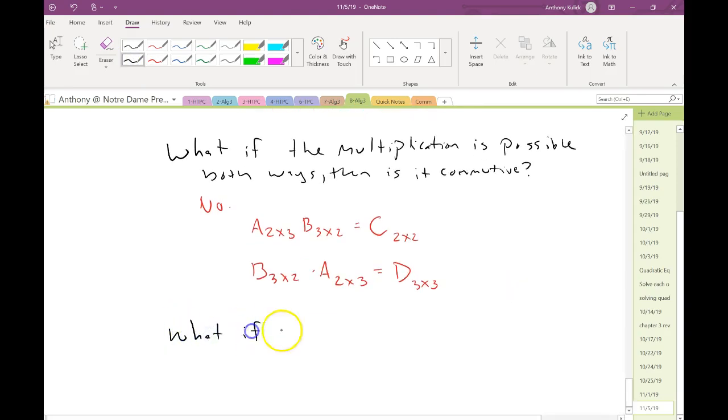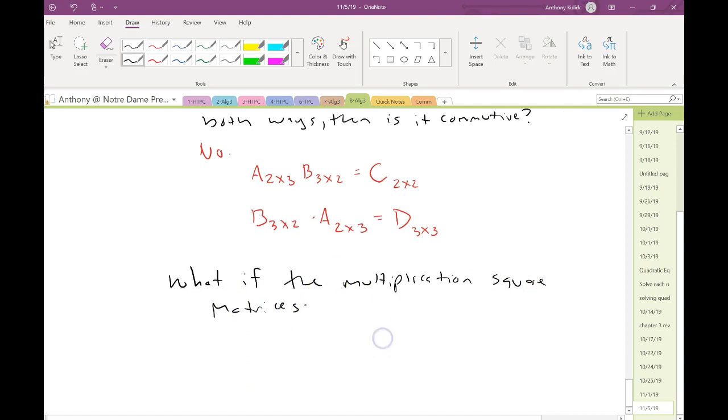What if the multiplication is limited to square matrices? I.e., you have something like a 2 by 2 times another 2 by 2.